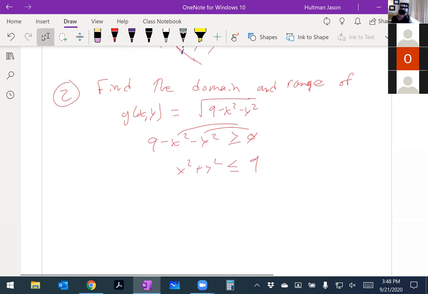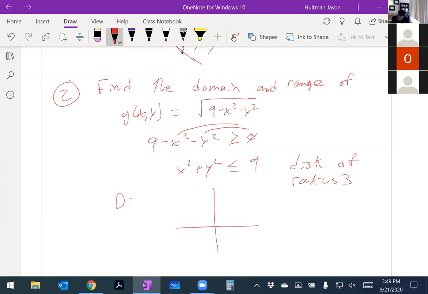And what is that? Well, that's a disk of radius 3. So the domain is a disk of radius 3, and everything inside of this disk is a part of the domain.